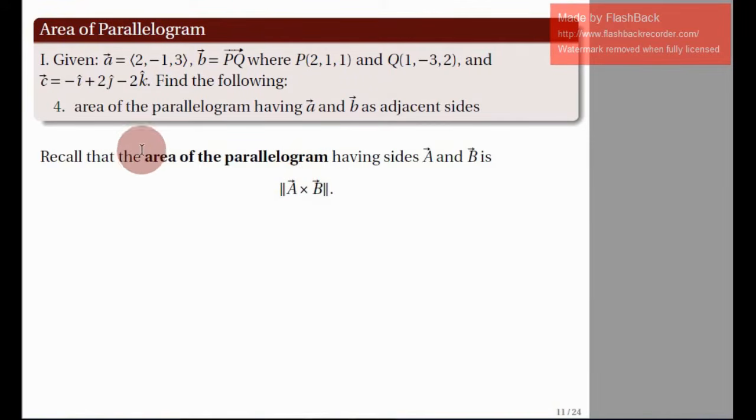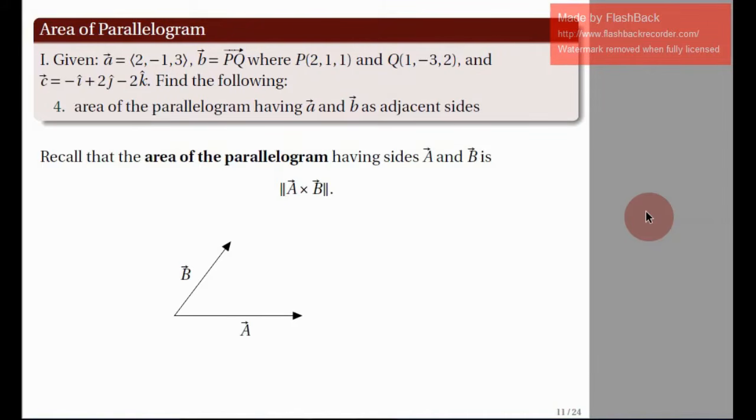But in this case, what we want is an area, which is a scalar quantity. And so we expect that we should have a scalar quantity in our formula, so we indeed need to get the norm.